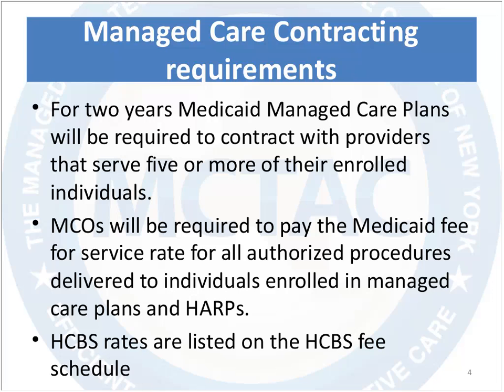The MCOs are going to pay the Medicaid fee for service or the governmental rate for all authorized procedures delivered to individuals enrolled in managed care plans and the HARPs. Those individuals who are in the HARP plans and will be eligible for home and community-based services, those rates are currently listed in the HCBS fee schedule. We'll be taking a look at where you'll be able to find those when we get to the end of the presentation and talk again about the resources that are available to you.